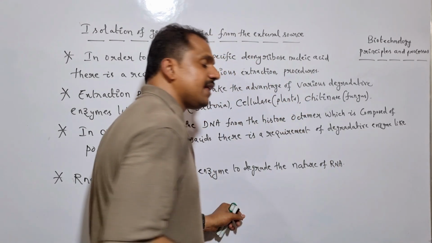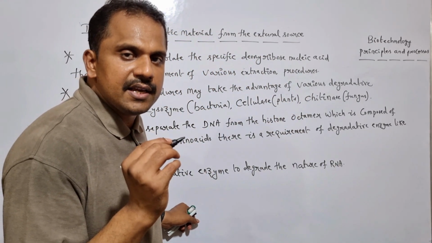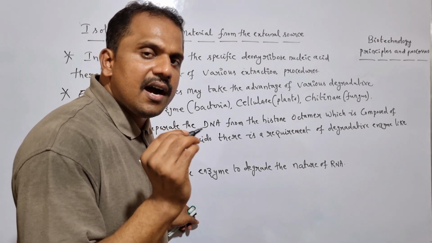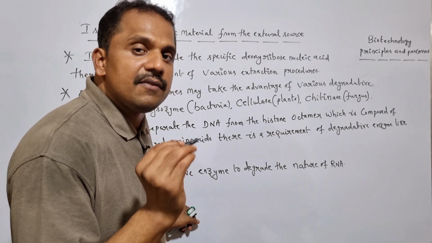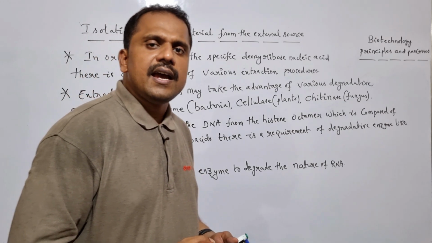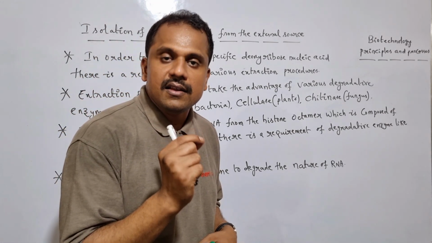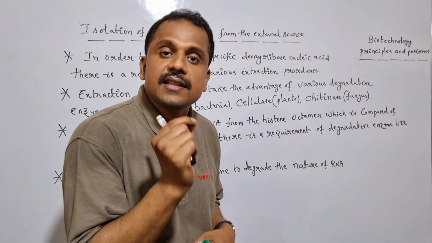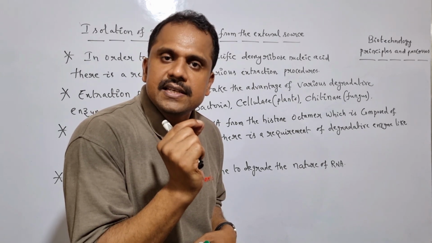By taking advantage of other degradative enzymes, we can degrade all the components which are present within the nucleus of a biological cell. And then if we add chilled ethanol, we can easily isolate the DNA which is present within the nucleus.